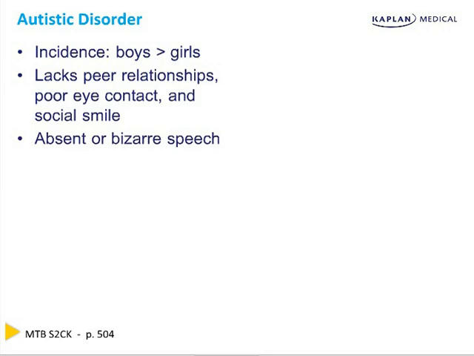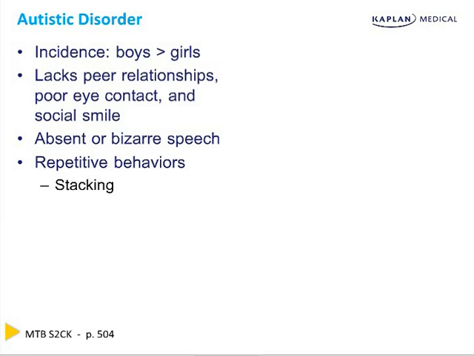And what do I mean by bizarre? It's another hallmark of autistic disorder. It's repetitive behaviors, including speech. So these children might repeat the same words or the same sounds over and over, and they may do that vocally, but in addition, they might have motor tics where they repeat the same maneuver with their face again and again. You might also note that in autism, there'll be stacking behaviors. This is very high yield.